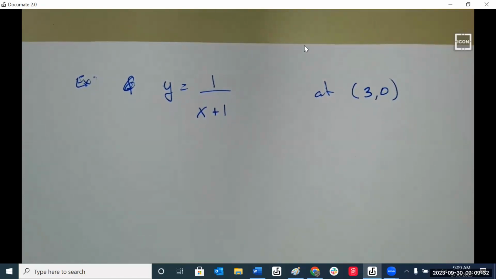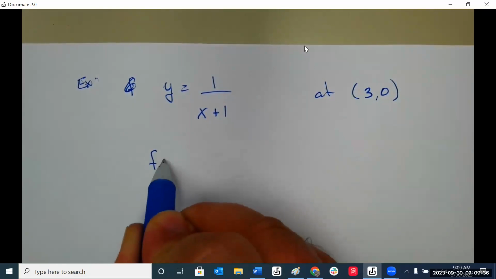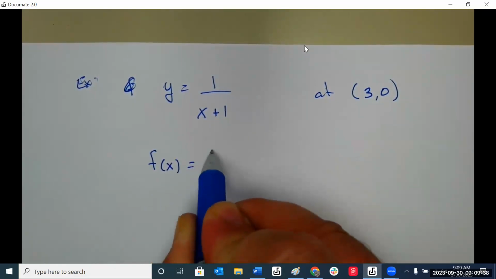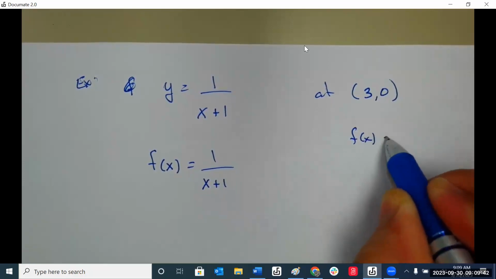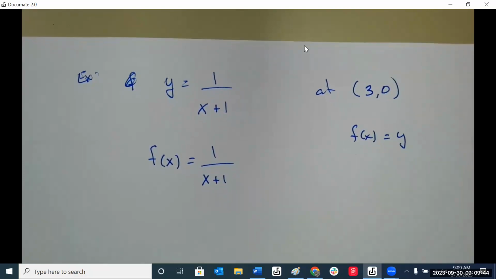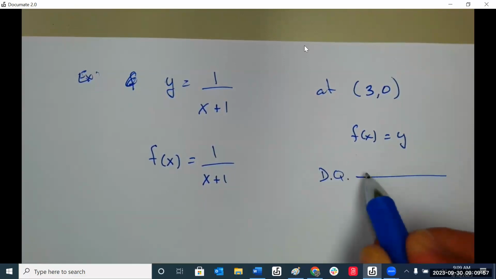So remember the first step? So we have our function. Remember, f of x and y are the same thing. In order to find the DQ, what do we have to know first? Because we have the DQ function.